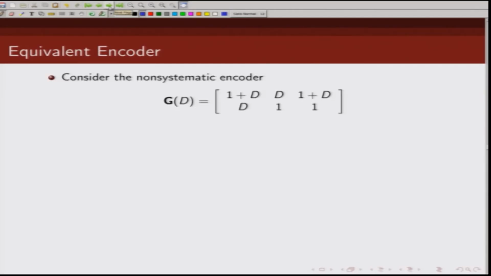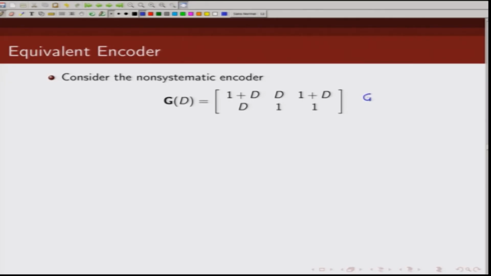So, let us take an example of a non-systematic feed forward encoder, and let us try to find its equivalent systematic encoder. What would be the equivalent systematic encoder corresponding to this non-systematic encoder?